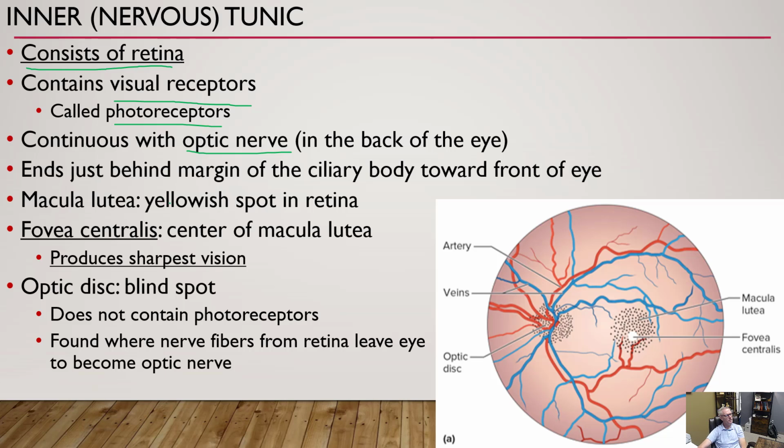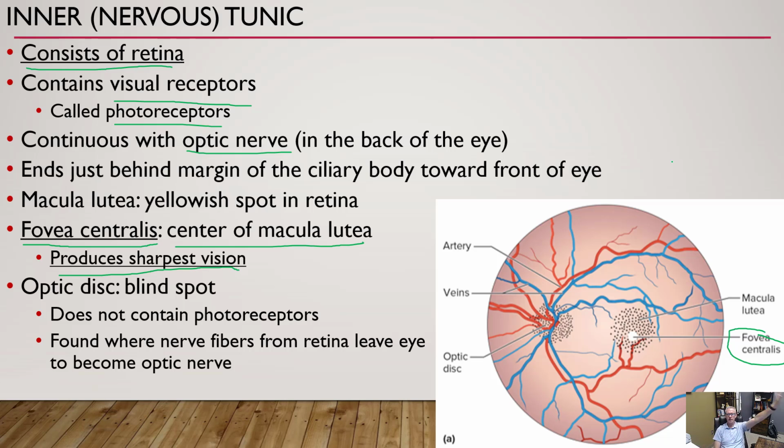But we have this spot called the fovea centralis. It's in the center of the macula lutea, and it produces the sharpest vision. So here you can see that fovea centralis. If you're looking straight on at something, the light coming into your eyes will project right onto your fovea centralis.